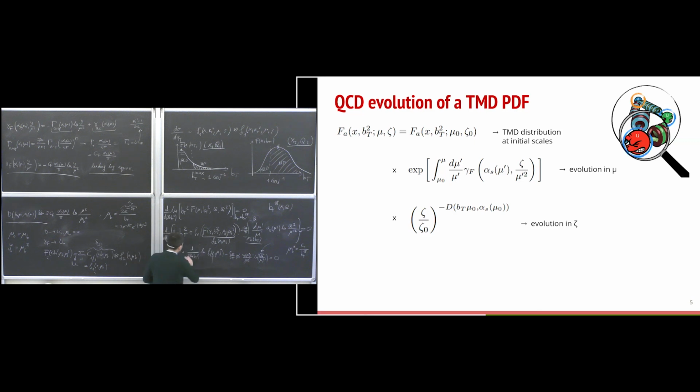Let's call this function capital X, a function of x and mu. For now, in order to simplify the calculation, we set this equal to 0. So what do we lose?